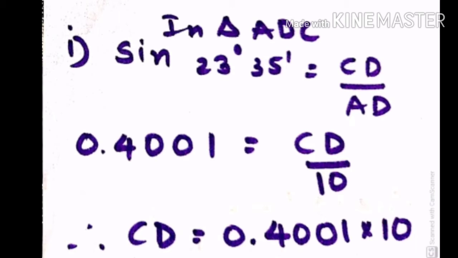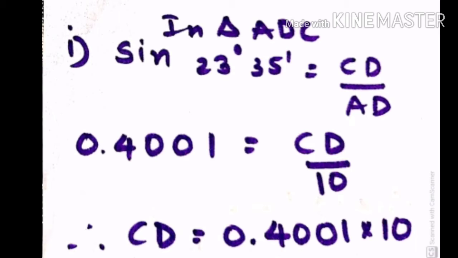In triangle ADC, given angle 23 degree 35 minute, the opposite side is CD and the hypotenuse is AD. So CD upon AD. Now we see our sine 23 degree 35 minute from our natural sine table and put the value here by calculation. That calculation I will show in the next slide.